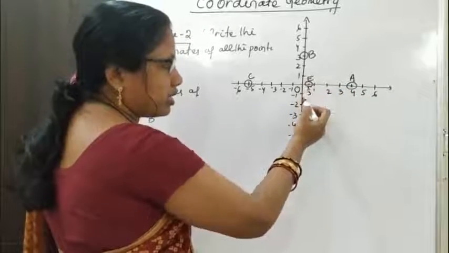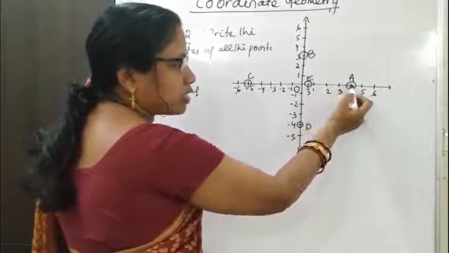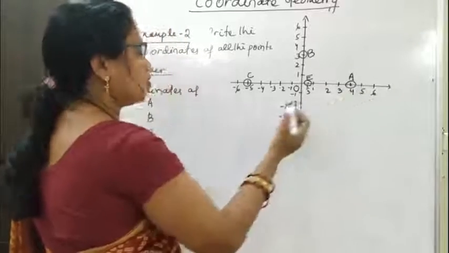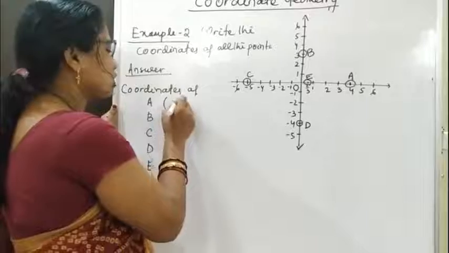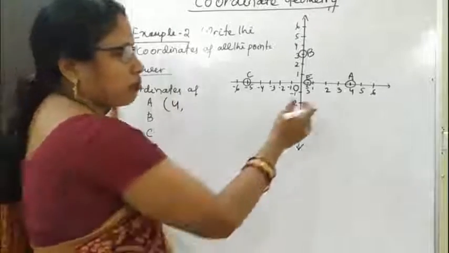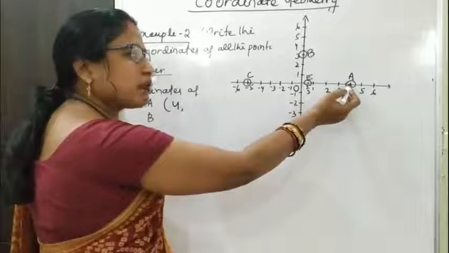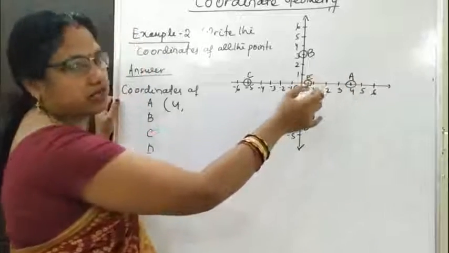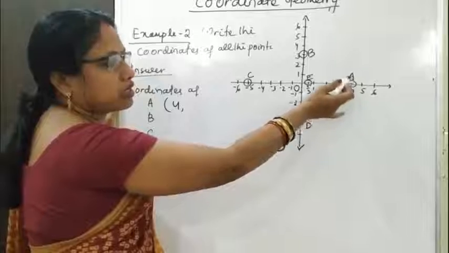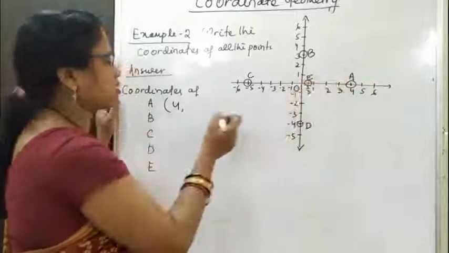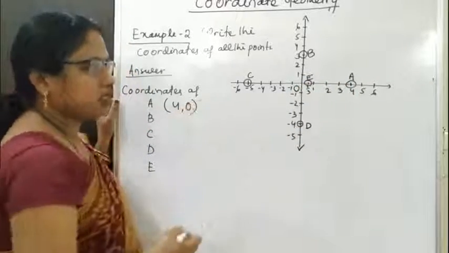This is the y axis. The perpendicular distance of A from the y axis is 4. So the x coordinate is 4. But what is its y coordinate? The perpendicular distance of A from the x axis. That is 0 here because it is on the x axis. So the y coordinate is 0.